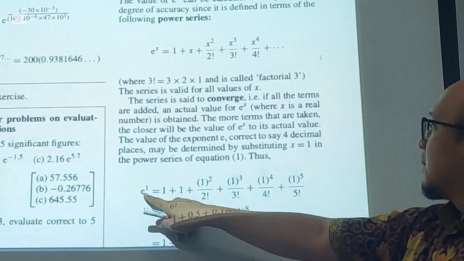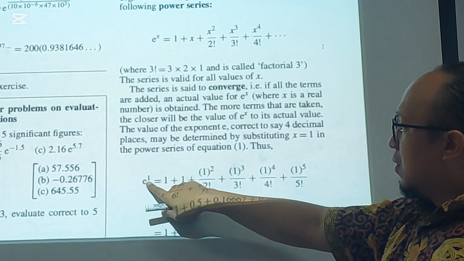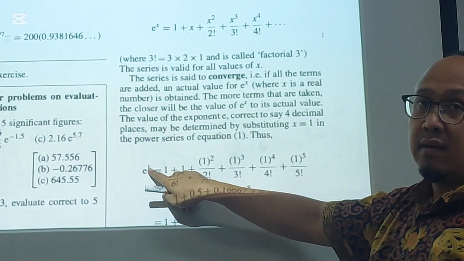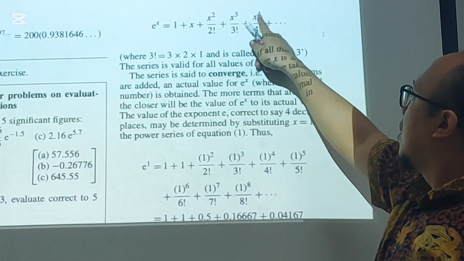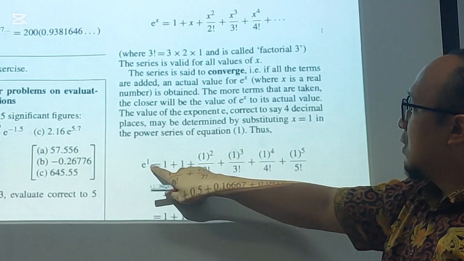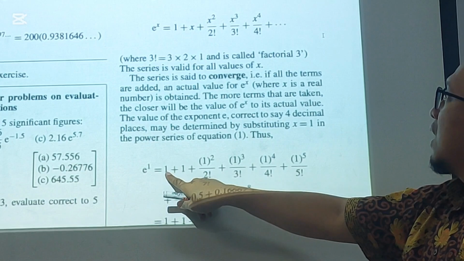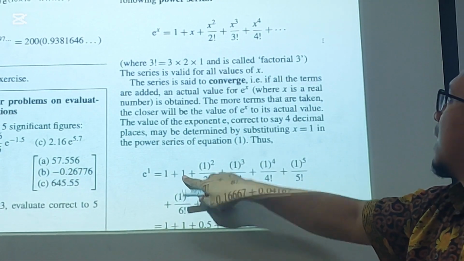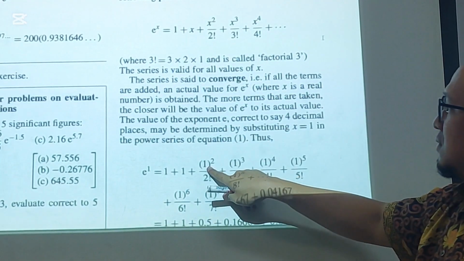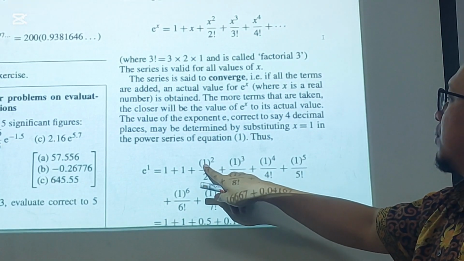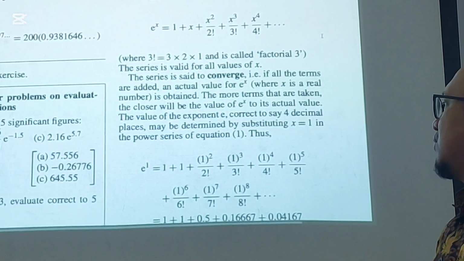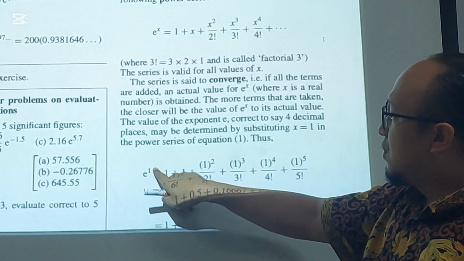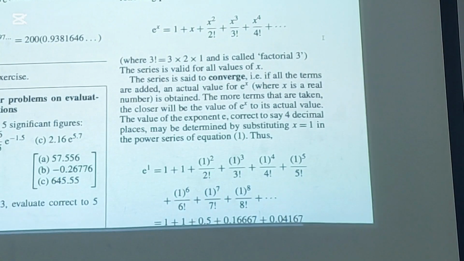For example, if e is powered by 1, it means that x equal to 1. So please change all of the x to 1. This is x, so change into 1. This is x squared, change from 1 powered by 2. So all the x are replaced with the number in the power series.